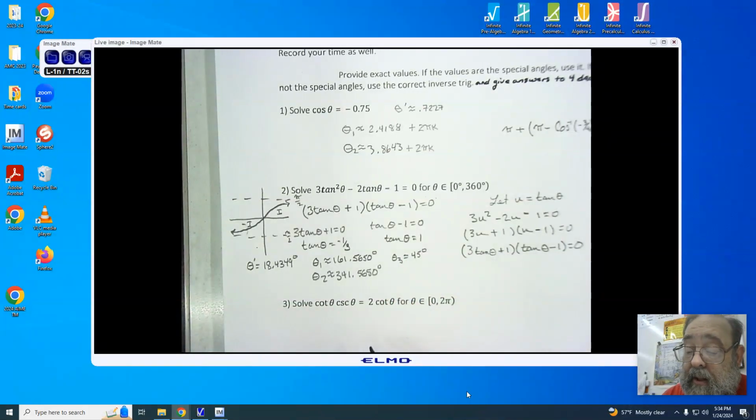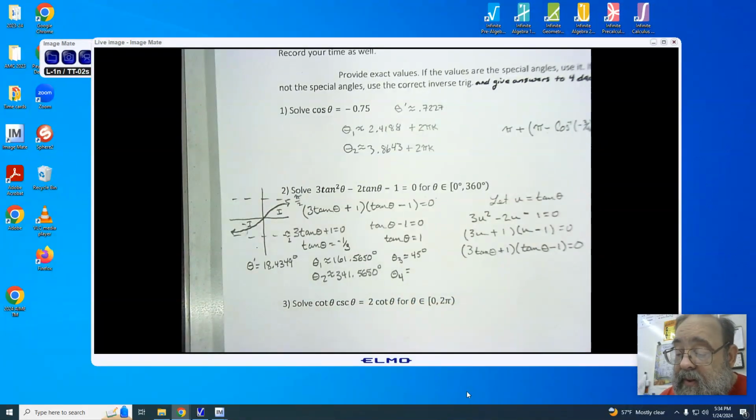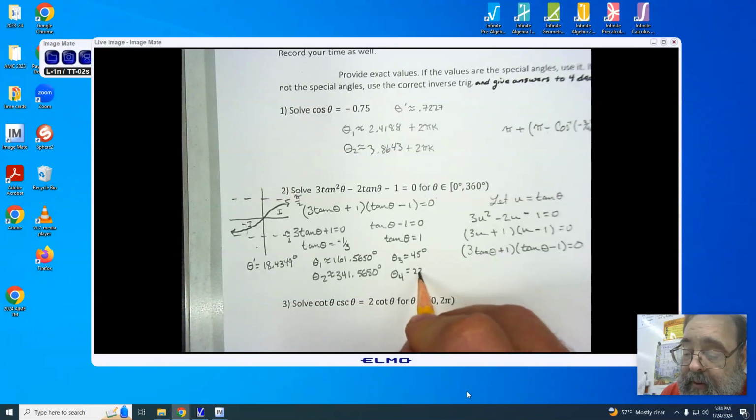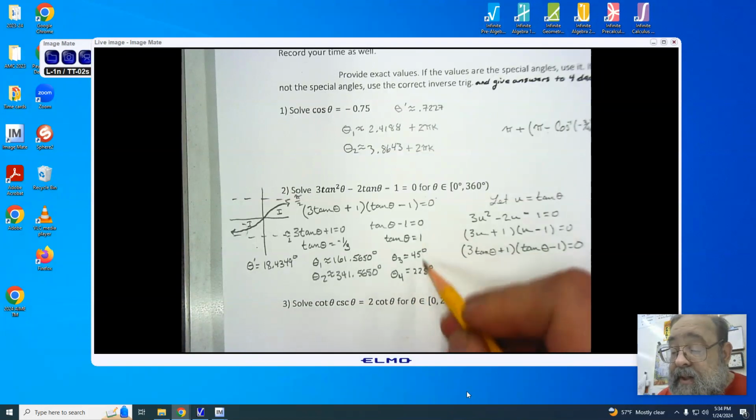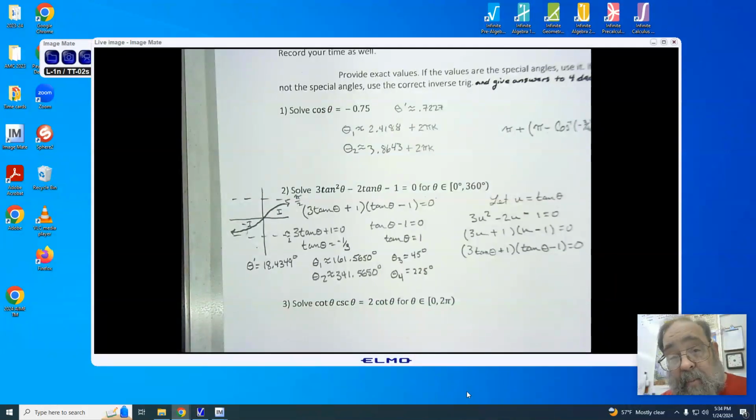Going into my third quadrant, where the tangent is also positive, this is going to be my fourth solution, and this will be 225 degrees. Notice that these two are exact, whereas these two are approximations because of their decimal place being irrational.